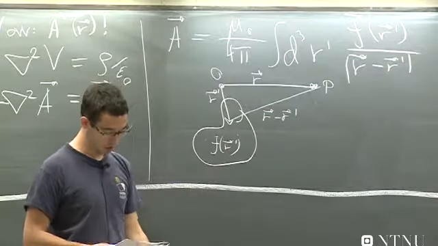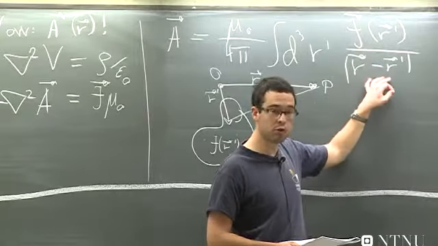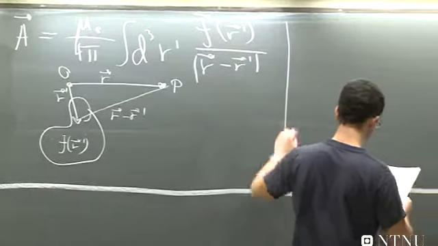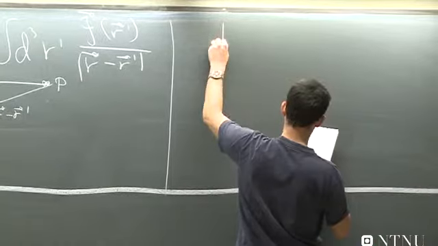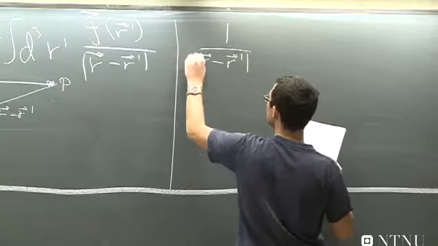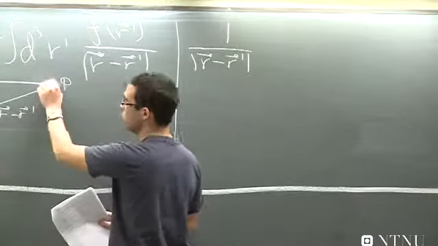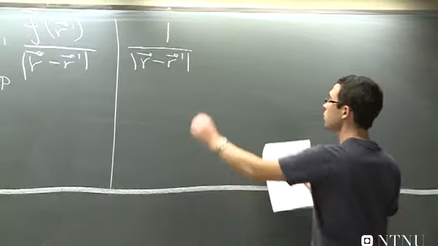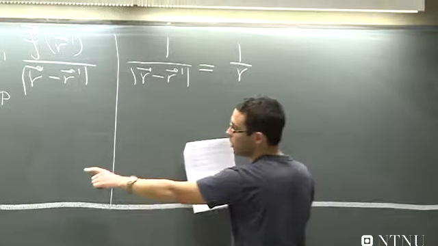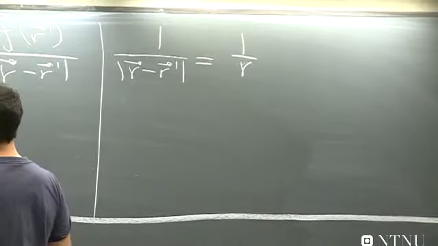This is the integral. As we can remember, we had the expansion for 1 over this vector thing here. I'm going to write that down. So I'm expanding this distance here from the point of integration to the point of the vector potential I'm interested in, in powers of this r here and the angle here.